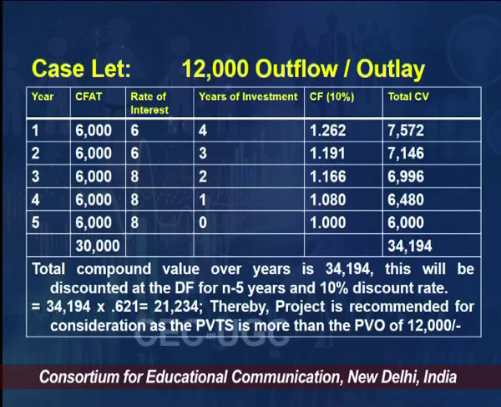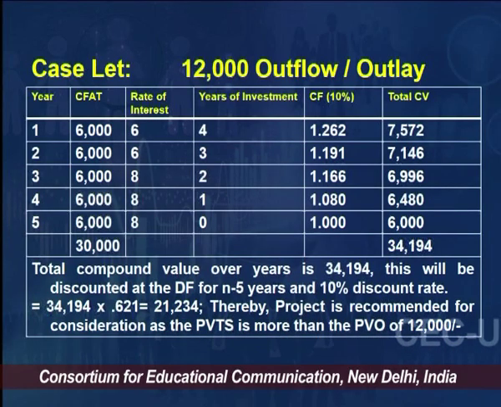And then the rate of interest we will be getting while reinvesting is 6% for first 2 years, 8% for 3 to 5 years. In the fourth column, we are showing the years of investment, that is, the cash flow received in the first year will be invested for how many years. That is what the fourth column is showing.